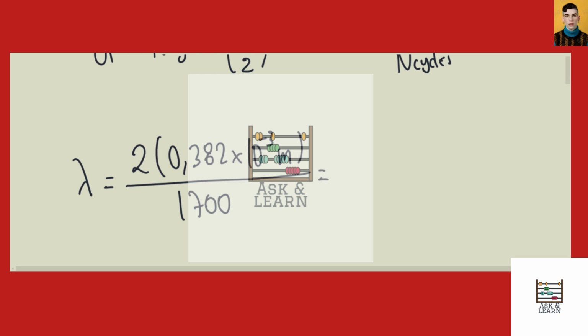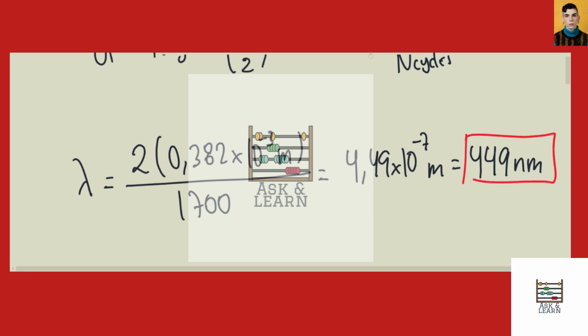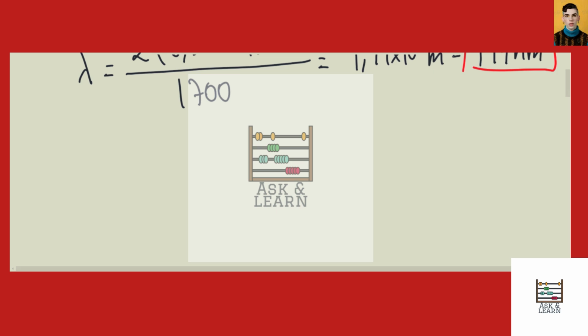From this we obtain a value of 4.49 times 10 to the minus 7 meters, which is equal to 449 nanometers. If we search for this in the spectrum of light, you will find that this corresponds to blue light in the visible spectrum, of course.